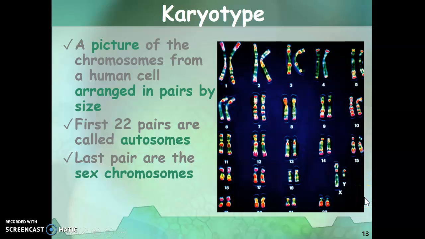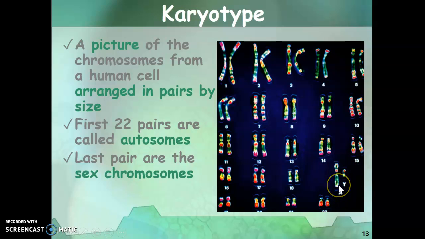And you see here that there are 22 pairs where the chromosomes are identical. These are the so-called autosomes. And then there is one pair, this one down here, where the chromosomes are different. And these are the sex chromosomes which determine our sex.